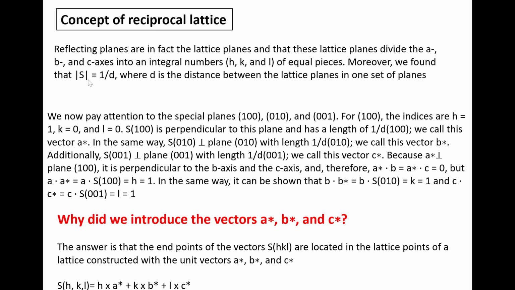Now, if you take this scattering vector as a function of HKL in the reciprocal space and construct three vectors like this S, and construct three planes, one of them is S100, S010, and S001. These three together form something known as the reciprocal lattice.